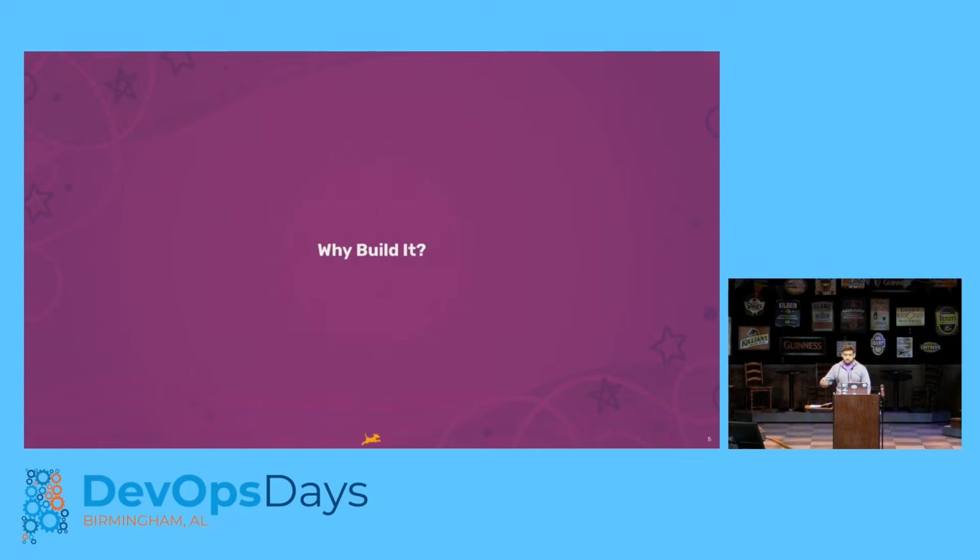All right, so why build it? I'll start with a question. How many of you here use a vendored APM tool of some sort? Yeah, like 99%. How many of you know how expensive it is? Yeah, okay, so like 100%. That was the main reason why we had to figure out what we wanted to do with our observability.